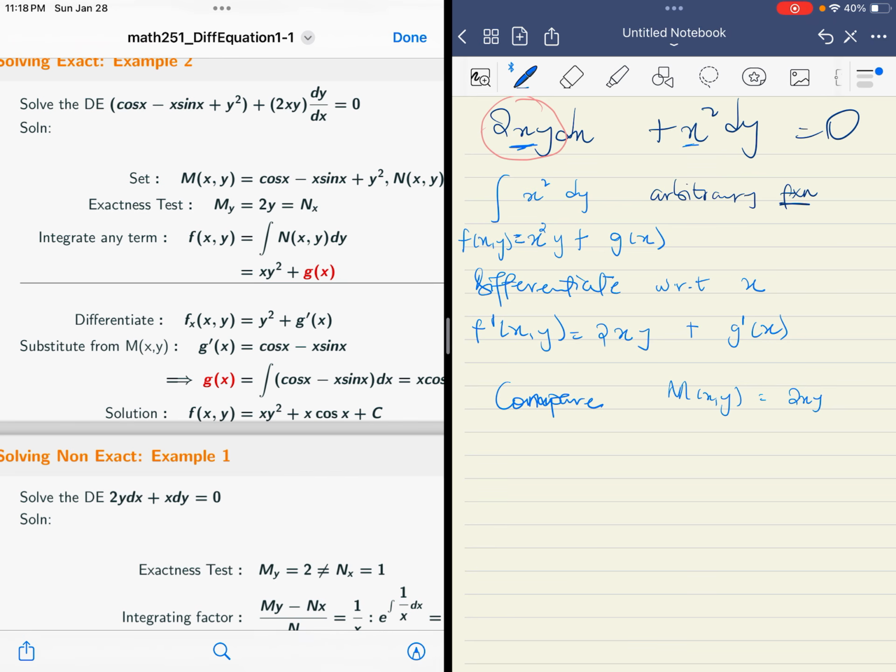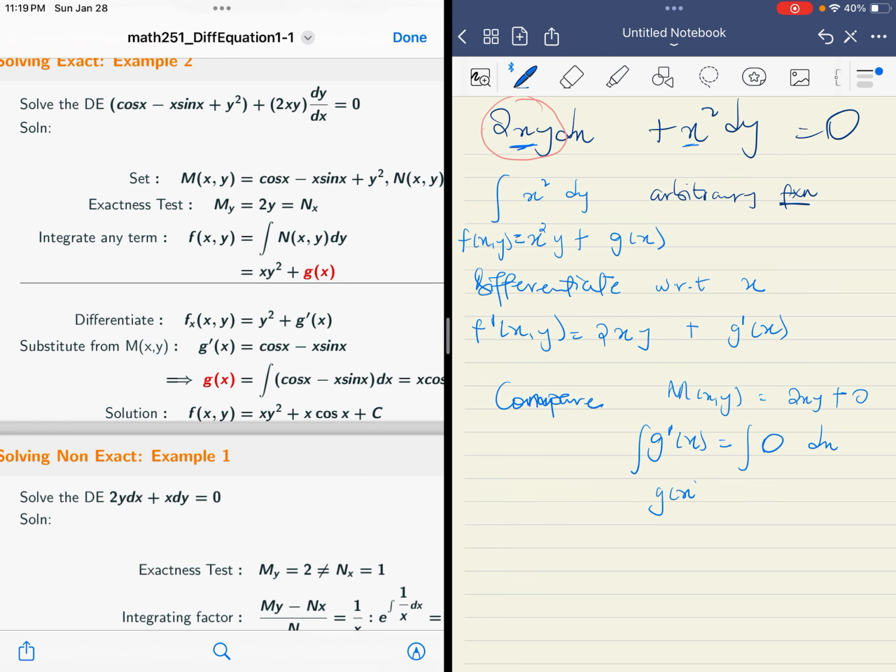Plus nothing. It's just 2xy. So let's say plus 0. What does that mean? If we have another 2xy plus g prime of x, it means that g prime of x equals 0. So now we have to integrate both sides with respect to x.